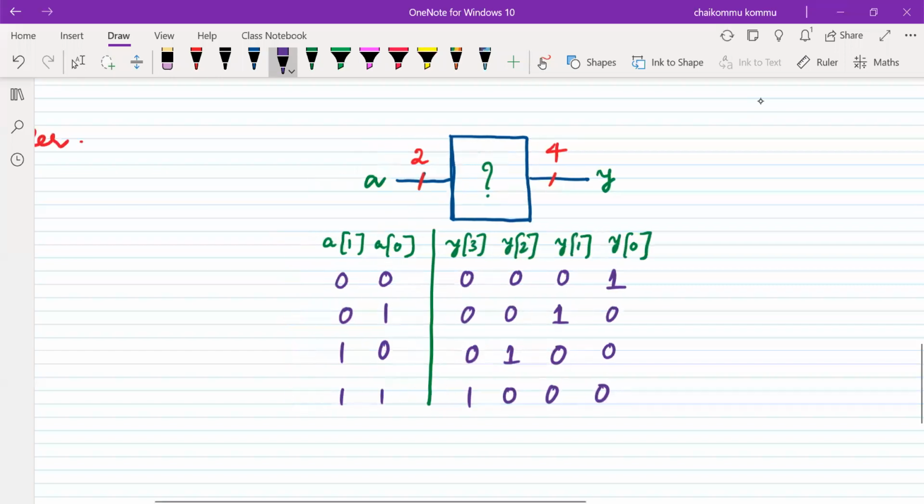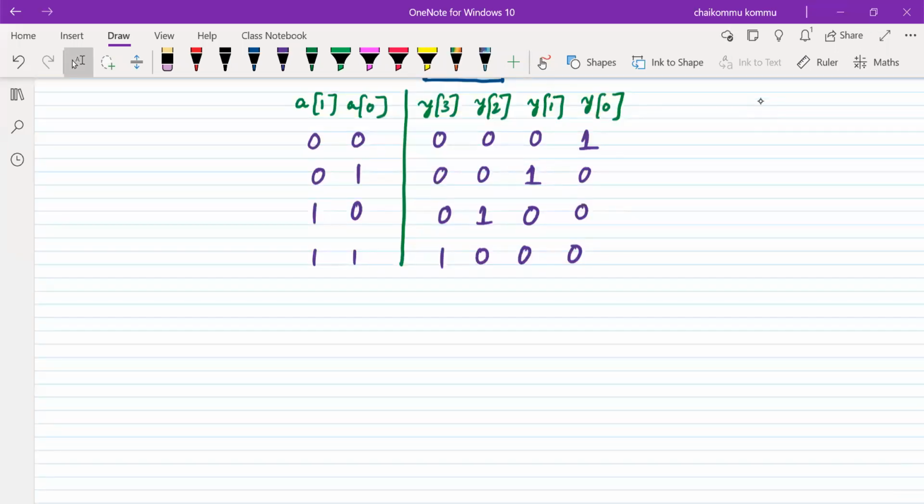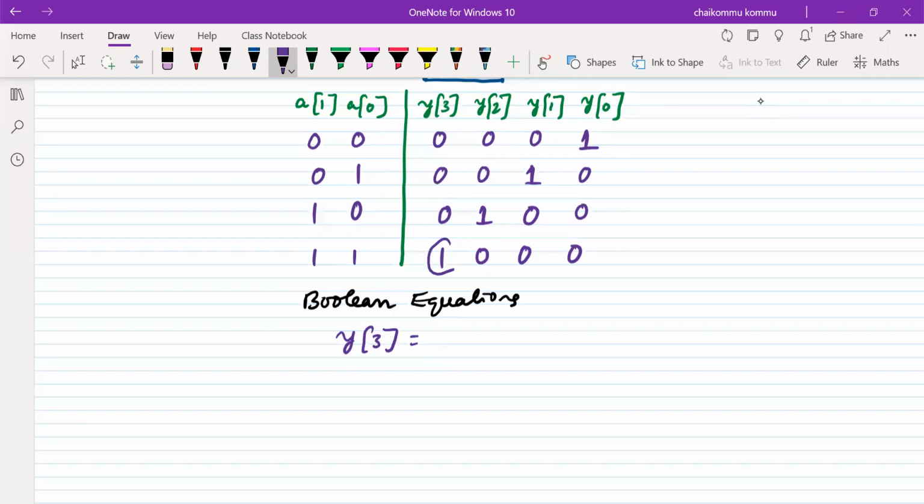From this, we need to write the Boolean equations for Y3, Y2, Y1, and Y0. What is Y0 here?